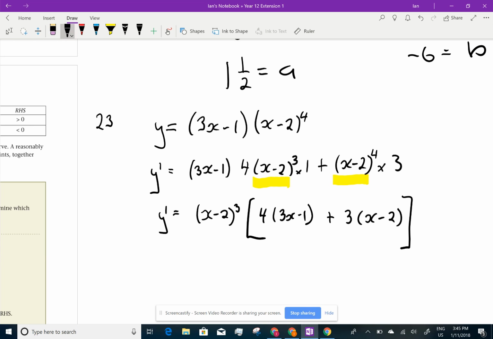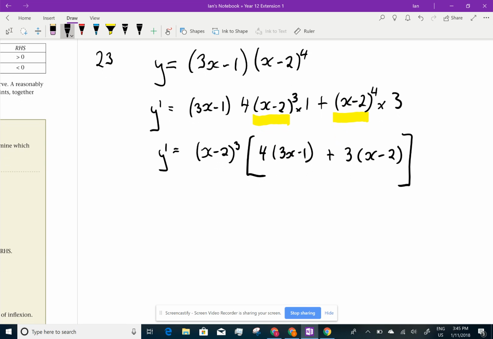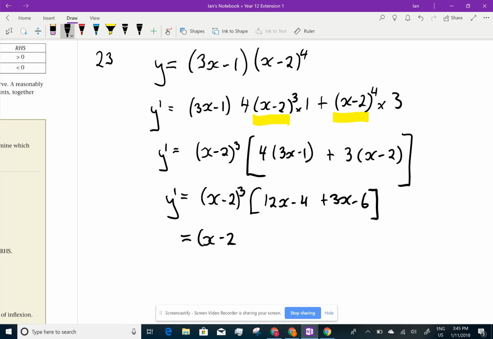I've only got one of them. Okay, so y dash equals x minus 2 cubed. And in here, I get 12x minus 4 plus 3x minus 6. Okay, x minus 2 cubed, leave that alone. And here, 12x plus 3x is 15x, minus 4 minus 6 is minus 10.